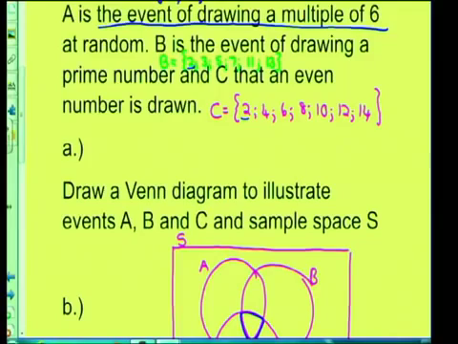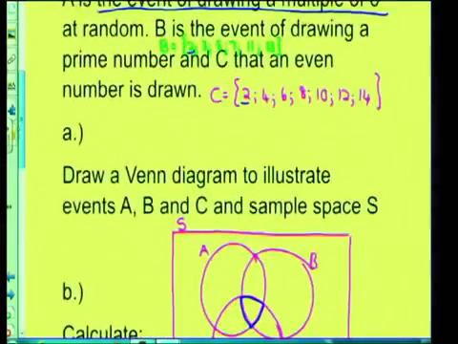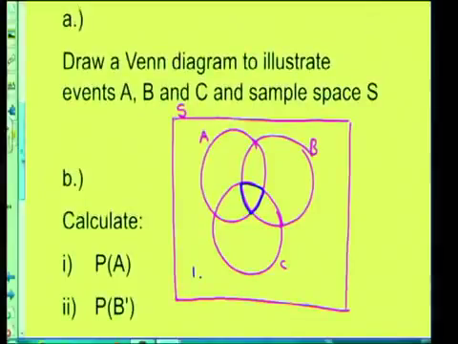No. So even and prime, which is B and C, the only element there so far is 2. Now 3 is a prime, but it's not even, and it's not a multiple of 6. 4 is even, but it's not a multiple of 6. 6 is a multiple of 6, so it goes between A and C.